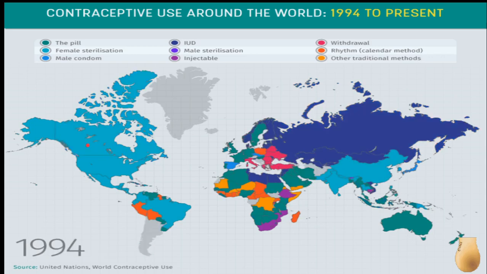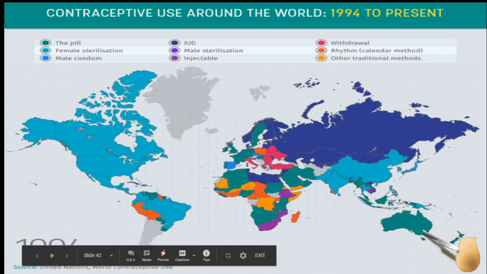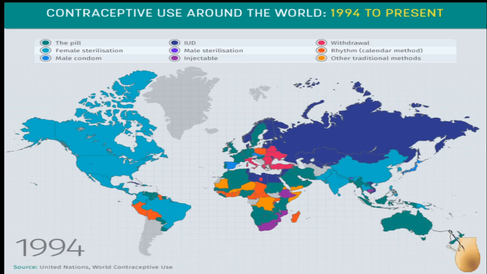And our country is, I think, using only male condoms. But suppose you see Egypt, in 1994 they were using IUDs, but right now they are drastically changing to the calendar method or other traditional methods. Okay.